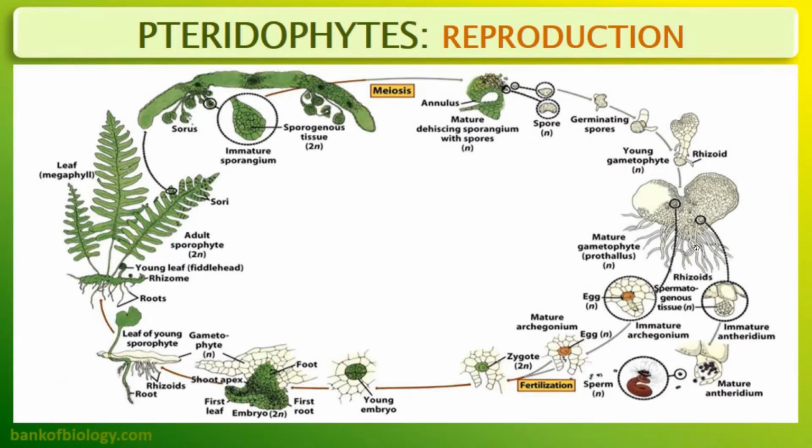This gametophytic prothallus will bear the male and the female sex organs. The male sex organ is called antheridium in the posterior end, and the female sex organ is called the archegonium in the anterior end.